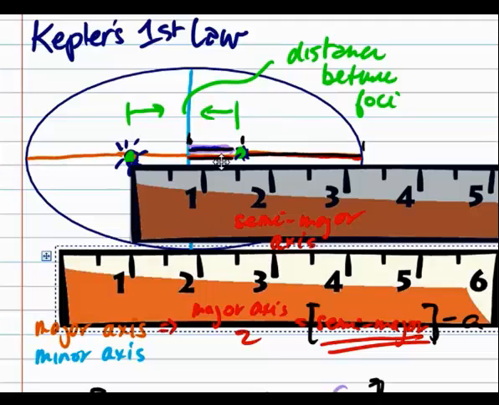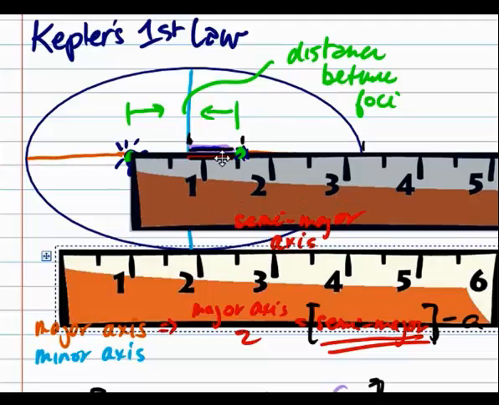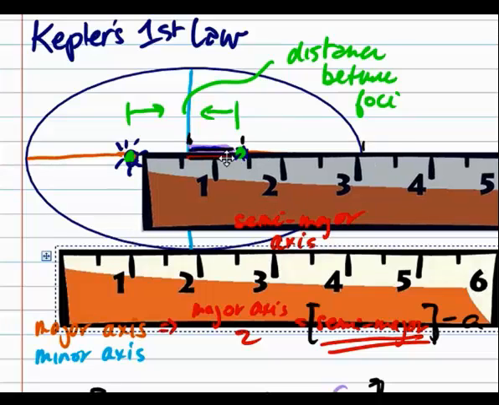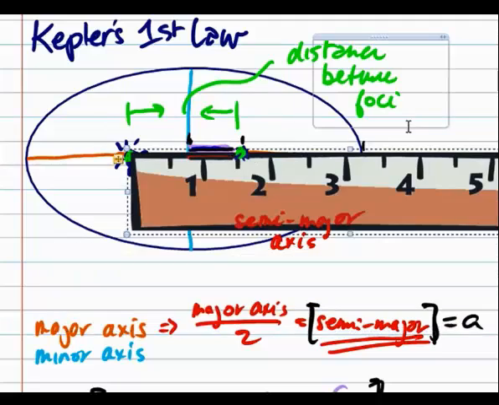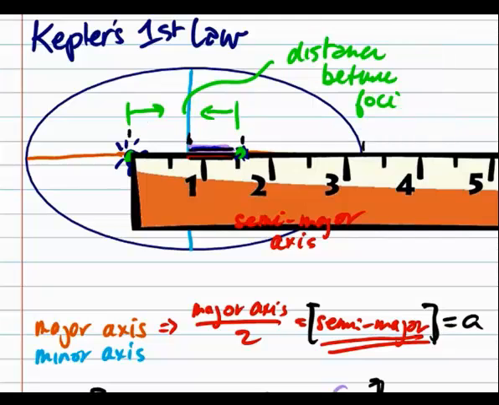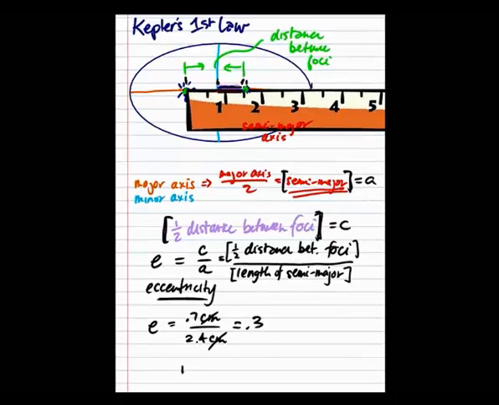Let me show you what I mean here. Let's go up here to the foci, and if I hold this correctly, looks like I'm a little bit off here, but what would be the distance between the foci? Well, from here to about right there is going to be 1.4 centimeters, right?